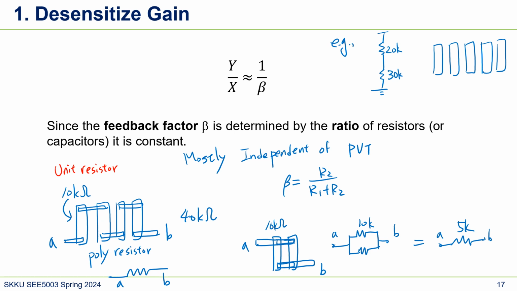Let's say here's the A, and the blue is poly, and the green is metal. This is the input metal, and then we just connect them all in series, and here will be ground. So we connect them as ground.